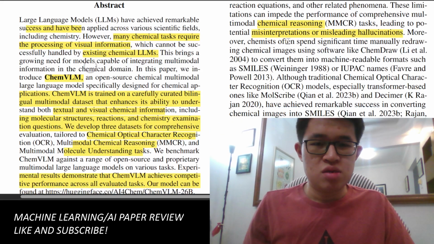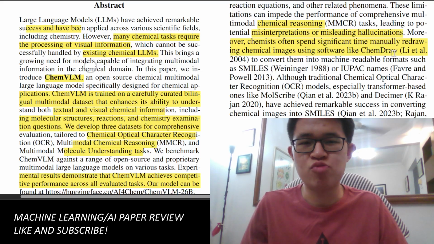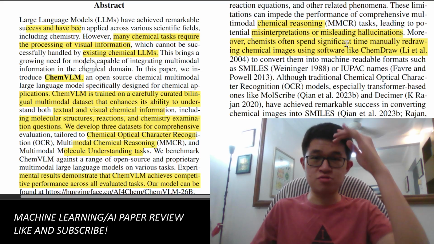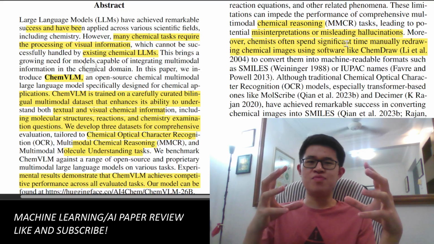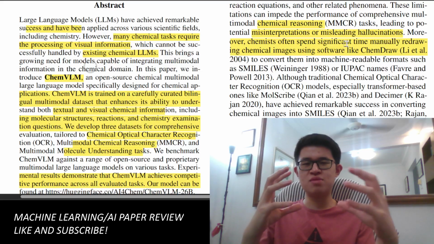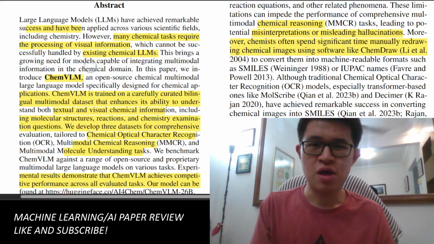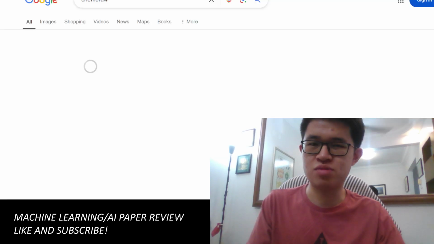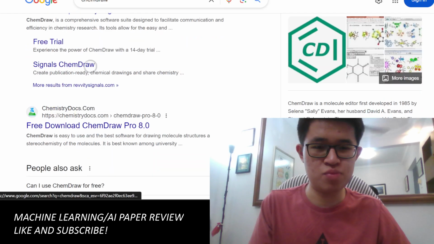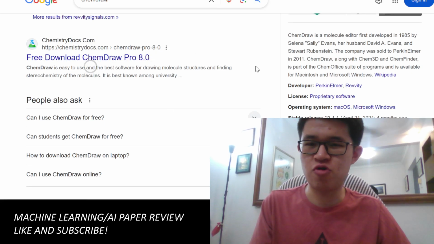Moreover, chemists often spend significant time manually redrawing chemical images using ChemDraw. For those who do not know, ChemDraw is a proprietary software that chemists usually use to draw their molecular structures, and it's actually a pretty expensive software. If you take a look here, that's ChemDraw, and there's a pro version here.